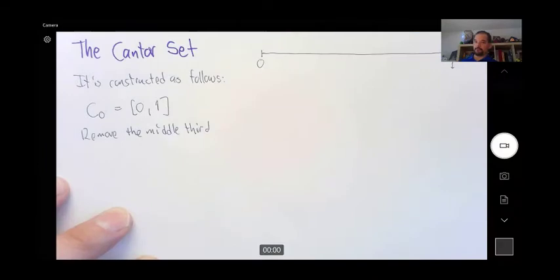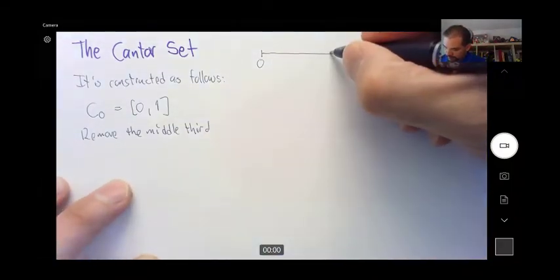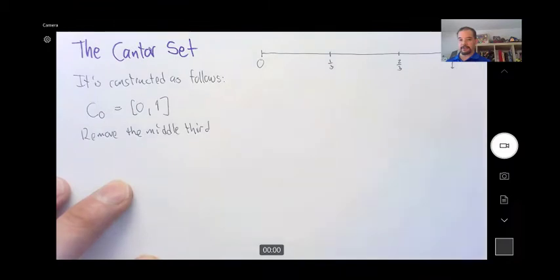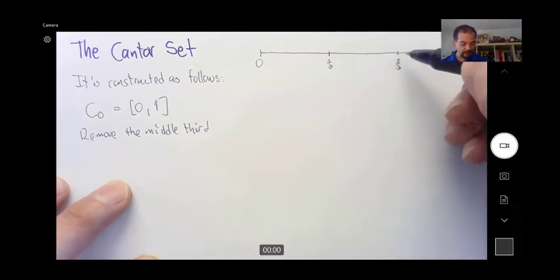So I'll explain it with the picture first. Here's C0, and if I look at this divided in thirds, this would be 1/3 and 2/3, right? Those are the numbers that divide this into 3 equal pieces. And what we're going to do is remove this piece in the middle.